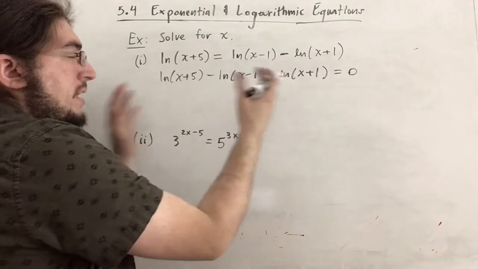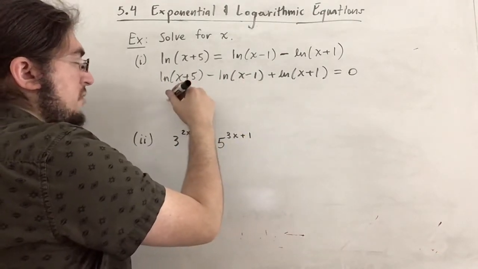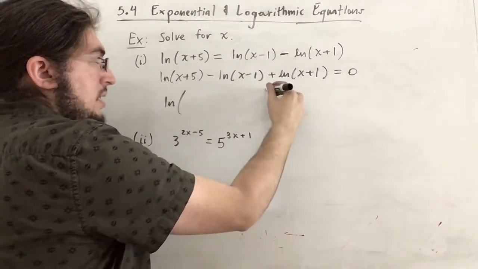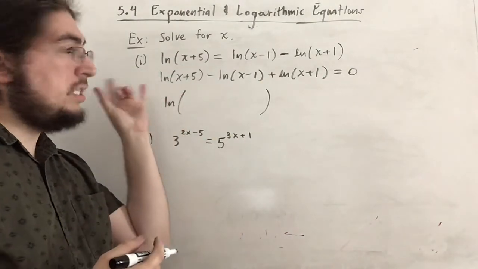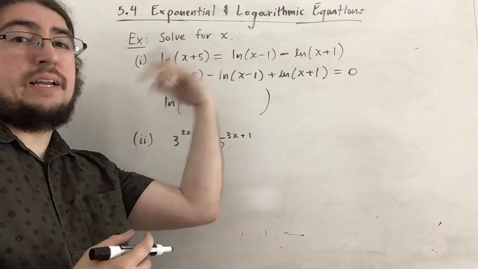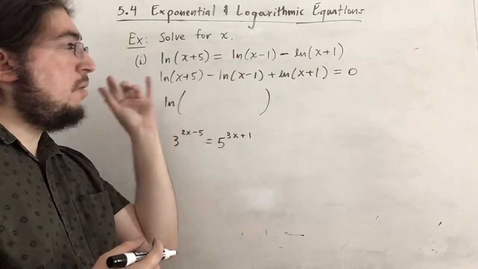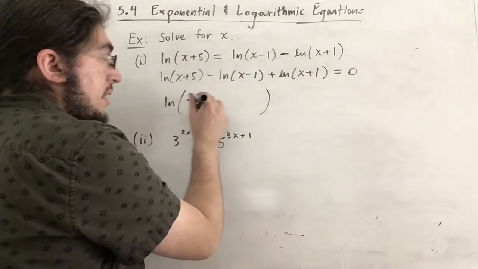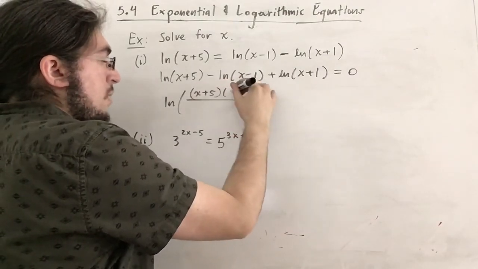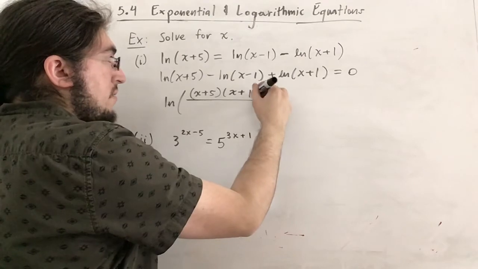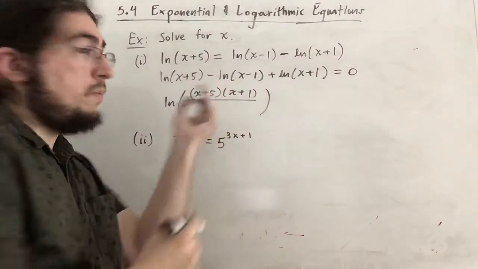Now we can combine these as one. Let's see if we remember how to do this. To condense into one logarithm, since there are no numbers in front, we don't have to bring in anything as powers, but whatever is positive we'll say on top of the fraction, so that's x plus 5 and x plus 1, and whatever has a minus in front, because of the quotient rule, will be on the bottom.